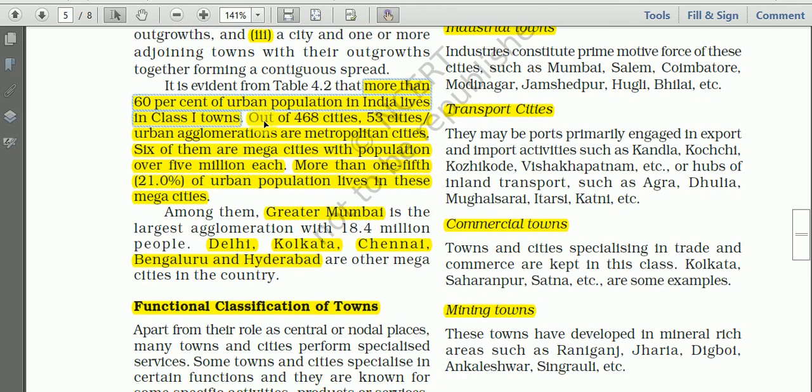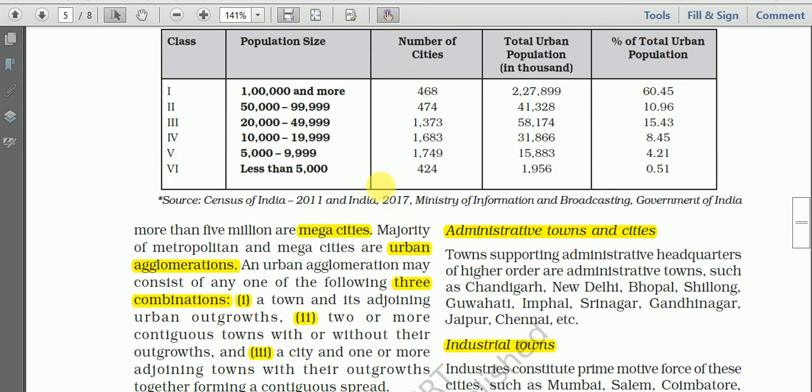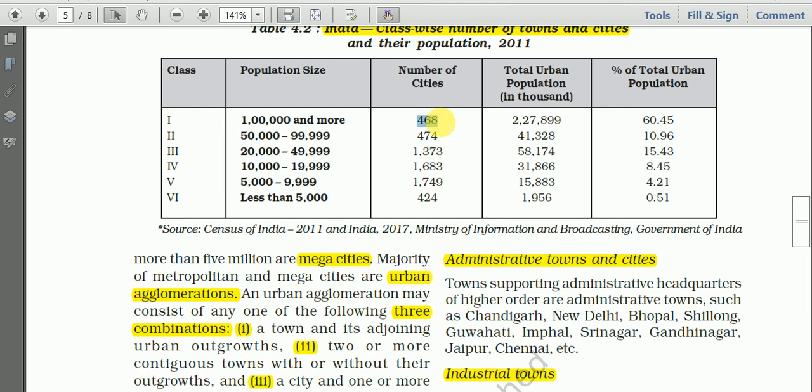Out of these 468 cities, 53 cities, urban agglomerations, are metropolitan cities.